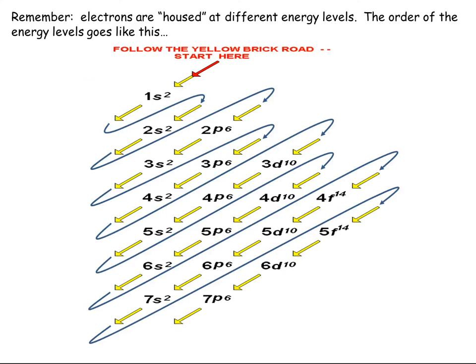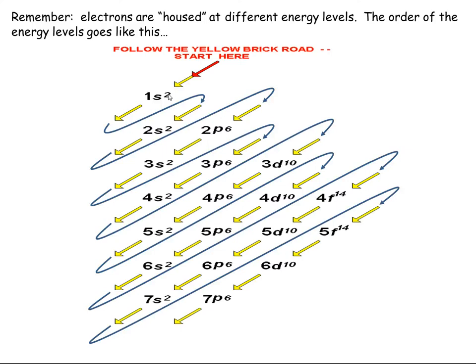That's not designated here, but if you will look, each of these energy levels has a superscript. The superscript tells you how many electrons you can have all together in that subshell. It tells you how many orbitals you can have.